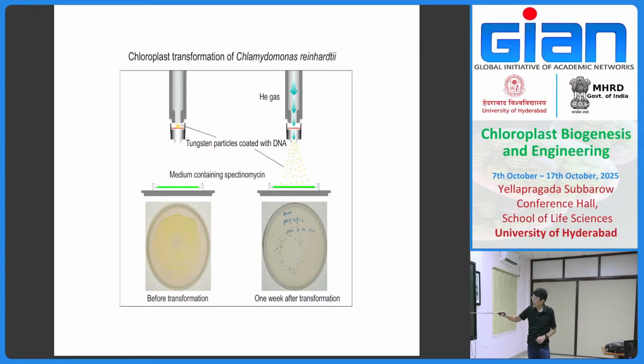In the middle, where the particles hit, the strong gas spread blows away the cells and kills them, so there's no transformed colony. In the surrounding region, under the optimized condition, you can see many colonies. The question is how you select these transformed cells.